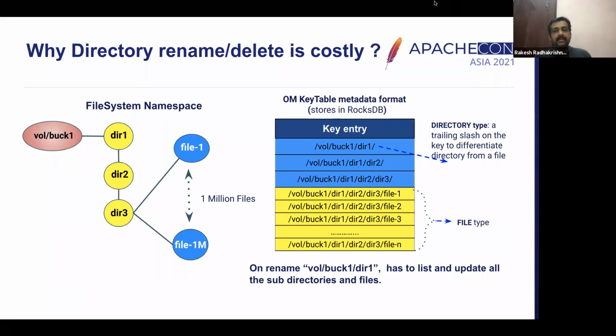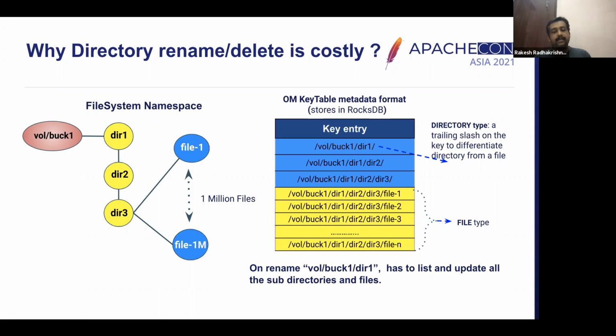Now we can take a quick look at how Ozone handles rename and delete. On the left-hand side, you can see an example file system namespace where we have three depth directories: directory one slash directory two slash directory three. Under directory three, there are millions of files in the system. You can correlate this with the Hive workload, for example, where millions of files are generated during the task execution and the job execution.